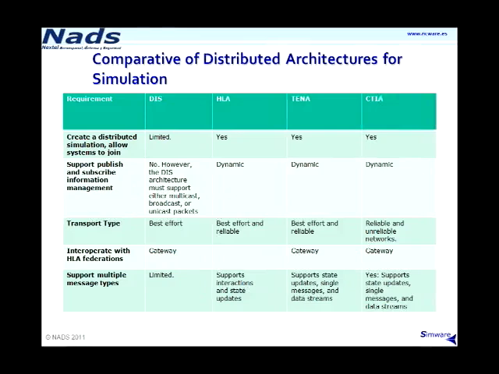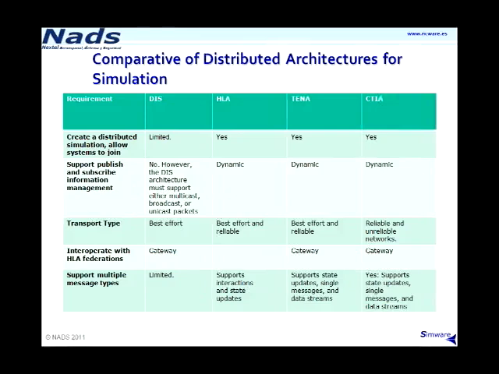How can they cooperate or evolve towards the new requirements? For this comparison, we will consider only DDS, HLA, TENA, and CTIA. In the original study, a lot of characteristics are compared, but we will center on the characteristics oriented to joint operation in different simulators, that is, interoperability.